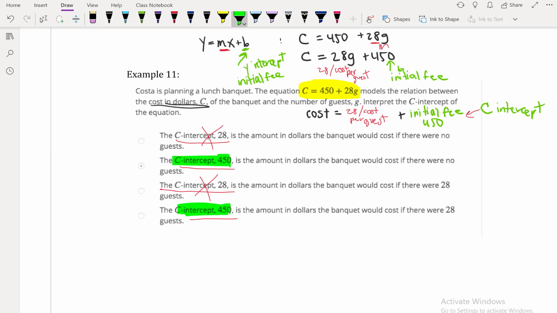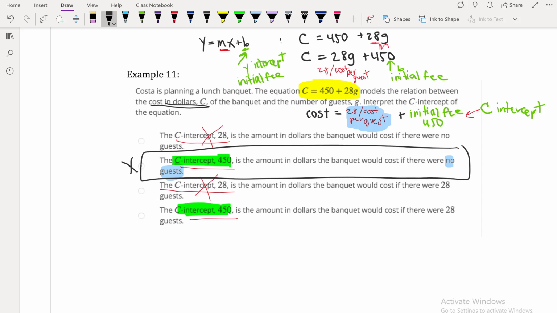Well, since 20 is the cost per guest, then that 450 would represent no guests, just to hold the spot. So I'm going to say this is the best answer. That is the best selection: the C-intercept is 450, and that means that there would be 0 guests.